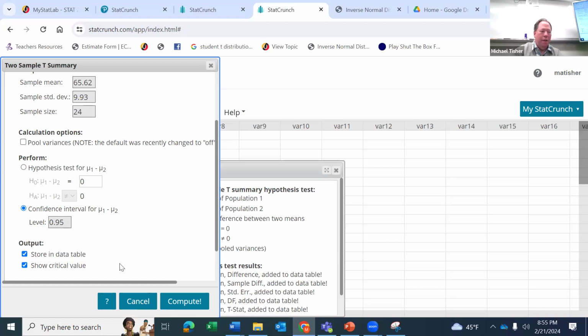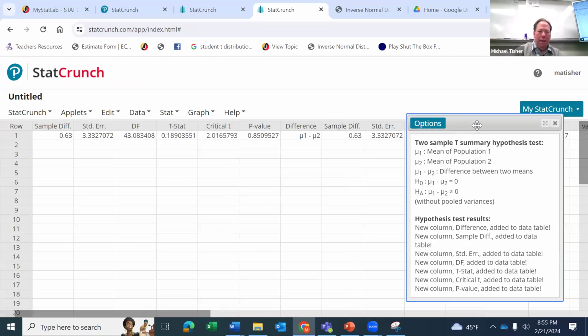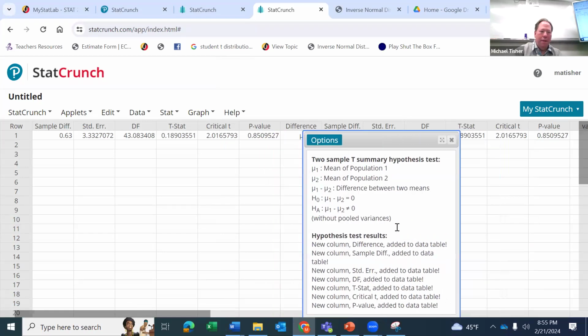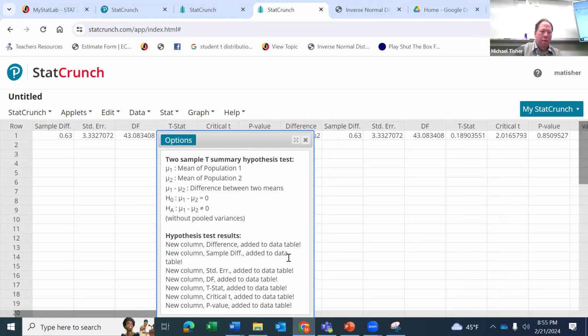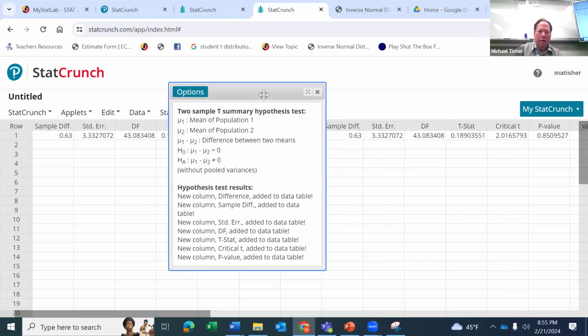Okay, and then we'll keep everything checked as before, and then click compute. All right, now how do I get a confidence interval out of that? We'll go back and do that again.